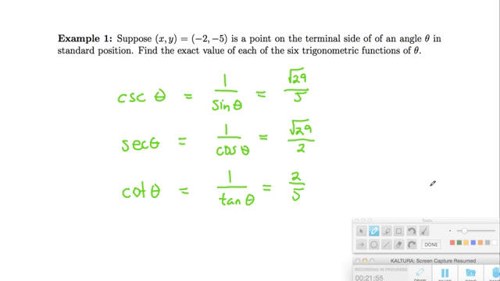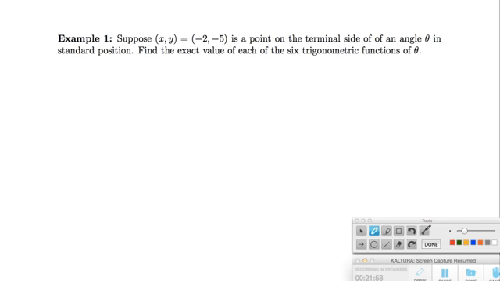But we've left something out. You may have noticed this. Recall that our original picture was that the original angle was supposed to be in standard position.